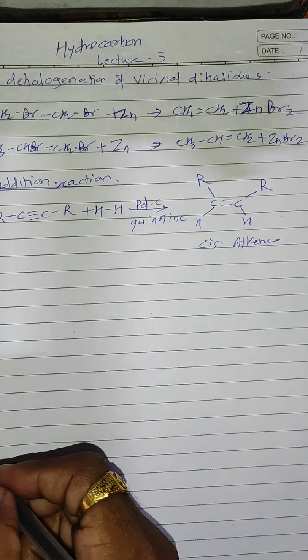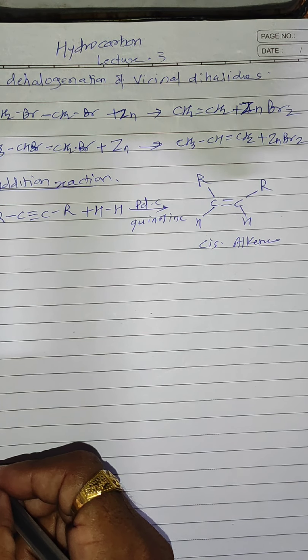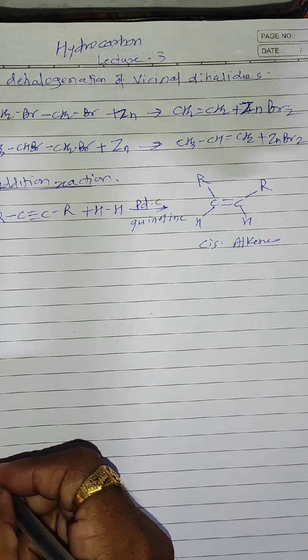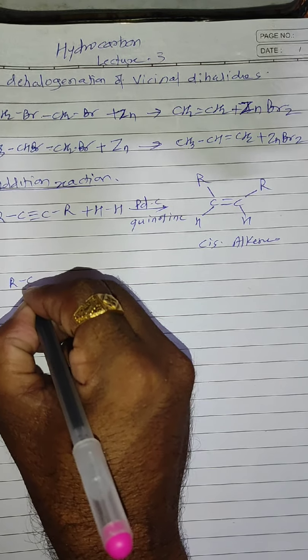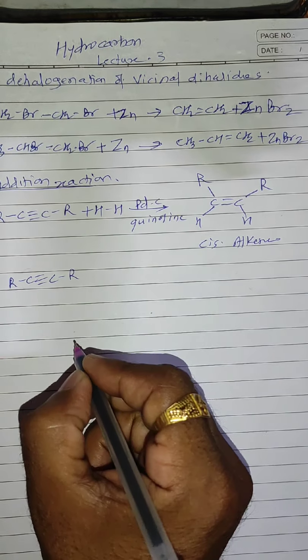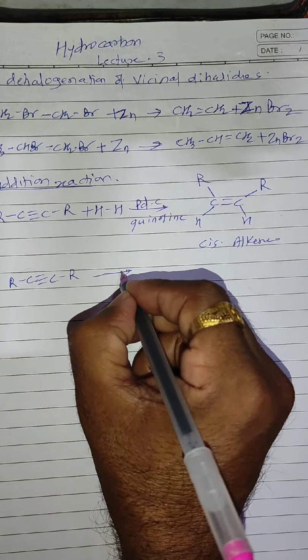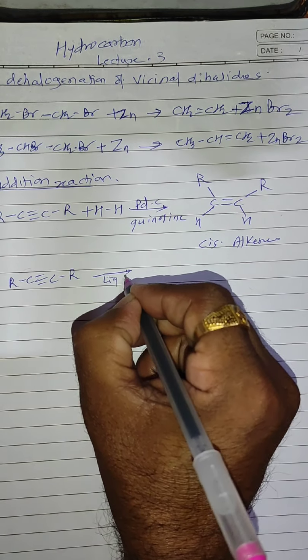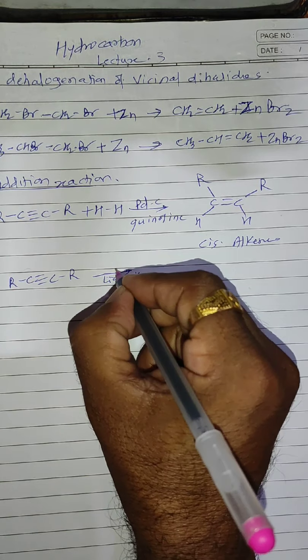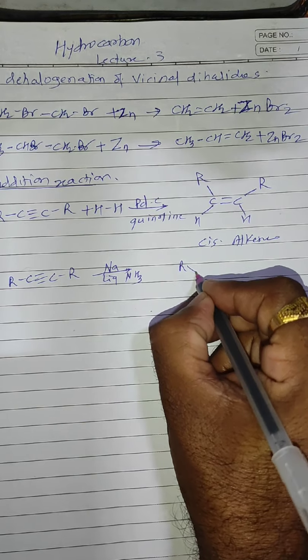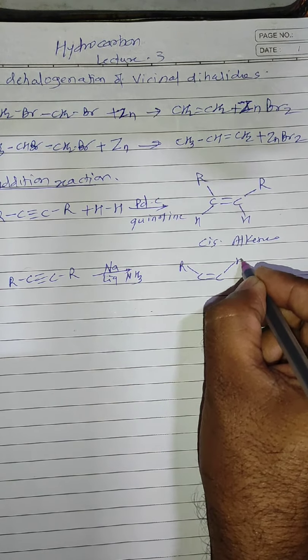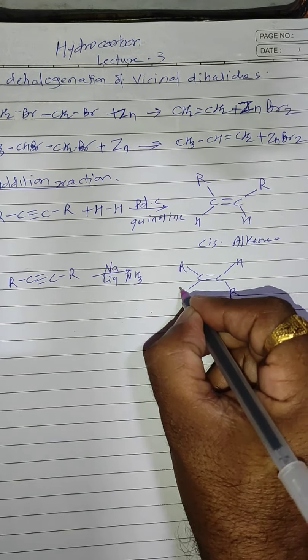Similarly, if sodium in liquid ammonia is used, it gives the corresponding trans compound. Trans alkene is obtained from the alkyne on reduction with sodium in liquid ammonia. R-C≡C-R is treated with liquid ammonia in presence of sodium, Na, and forms R-CH=CH-R, with the R groups on opposite sides.